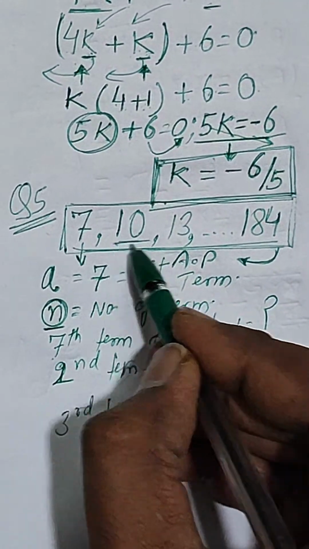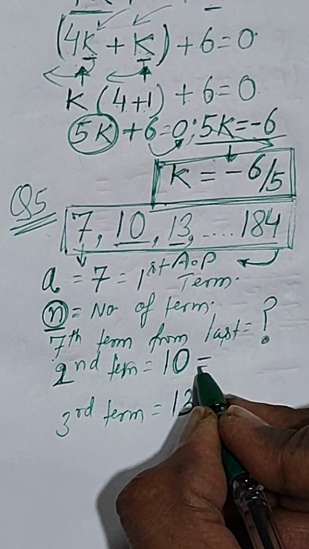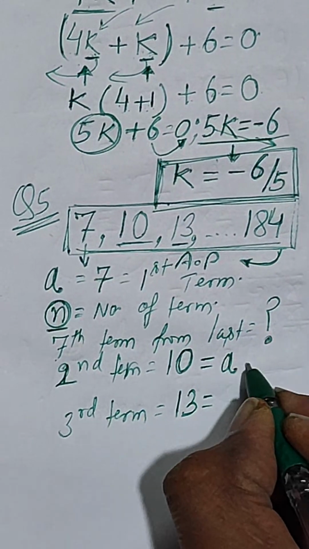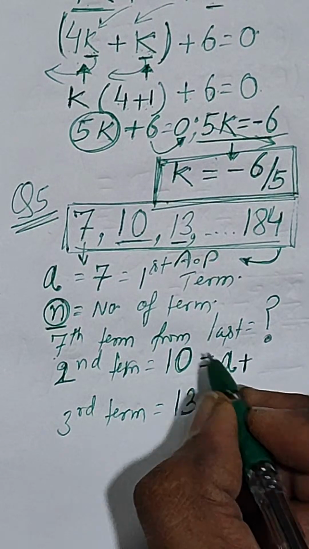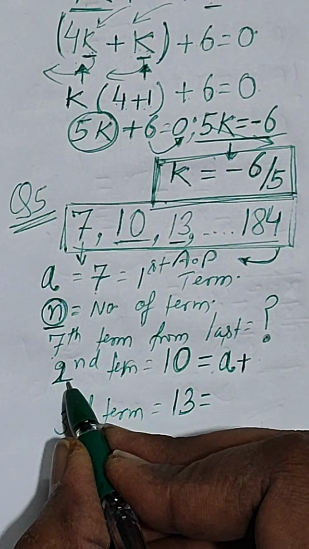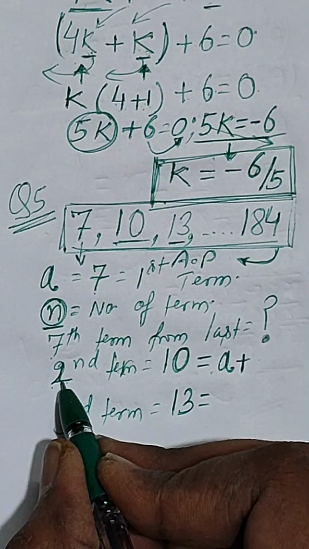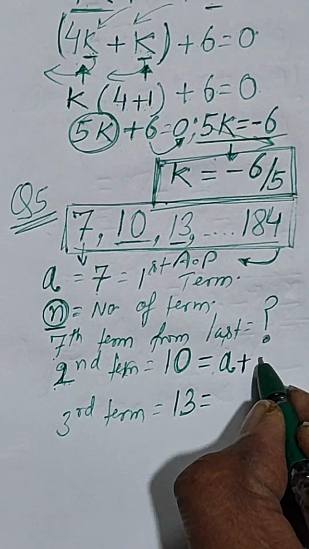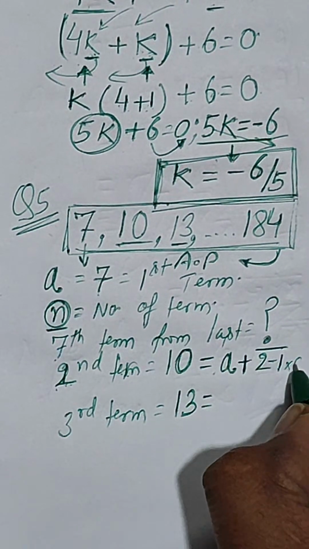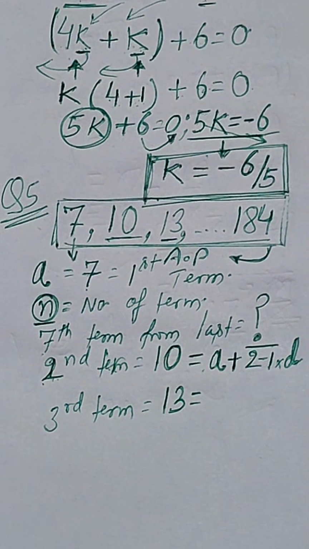If you take the second term, then using the formula a plus n minus 1 into d, a is the first term, which is 7, we will put in the value. A plus n minus 1, and the position of the second term is n equal to 2. For the second term n will be equal to 2. So this will be 2 minus 1, multiplied with the common difference, right?